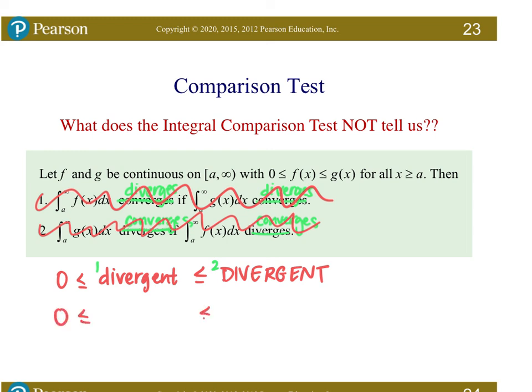The other thing we can conclude is if we figure out that the larger one is convergent, and if we do that first, then we can conclude that the smaller one must also be convergent as well. But those are the only orders that it goes in. One has to come before the other. The smaller divergence or the larger convergence must come first before you can determine anything else.